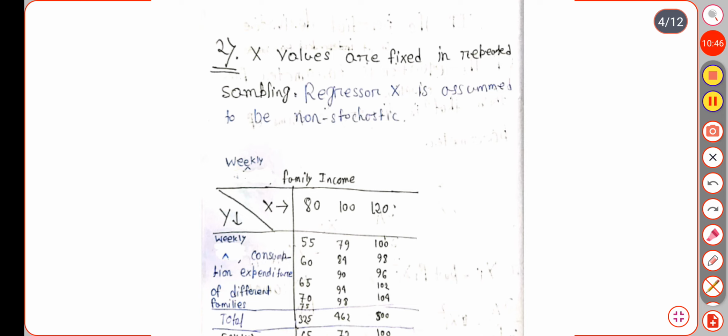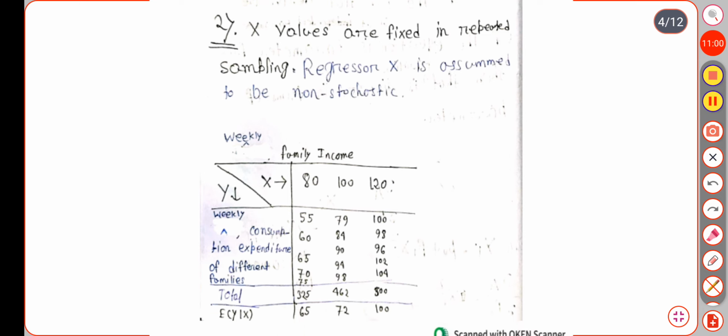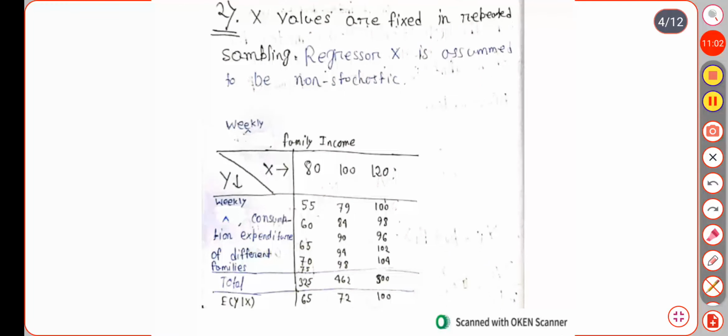The first income group is basically of those families who have the income of $80. The second income group is of those families having the income of $100, and the third income group is of those families having the income of $120.